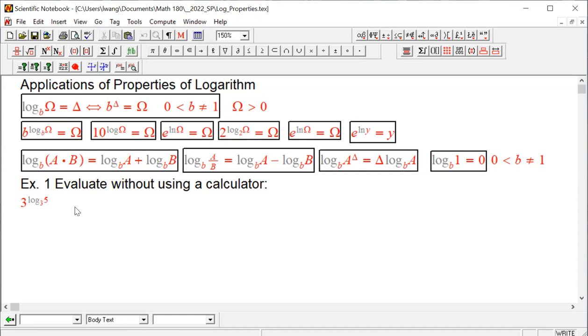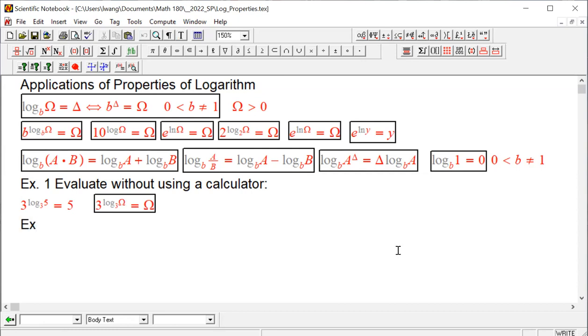What would this be equal to? Well, we can apply this property. The base is 3, b is 3, so whatever omega is here, as long as we make the match, and omega is 5, the answer is 5. You see how easy that is, right?